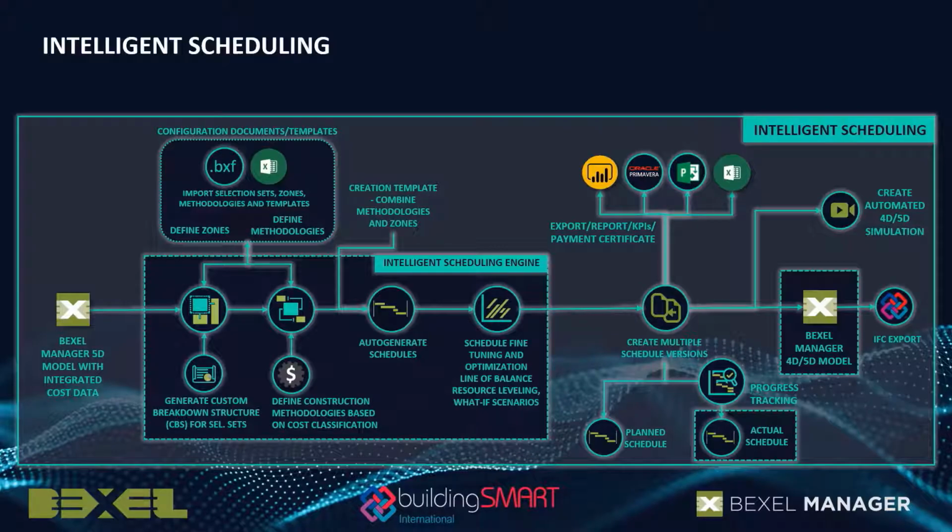After defining complete BIM cost classification based on the enriched data from the beginning of the process, the next analysis that we're gonna try to develop here is the 4D analysis, or integrated 4D 5D analysis.